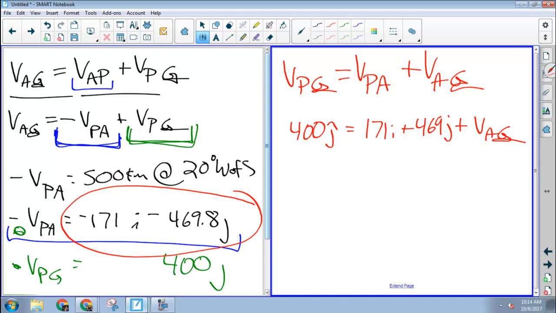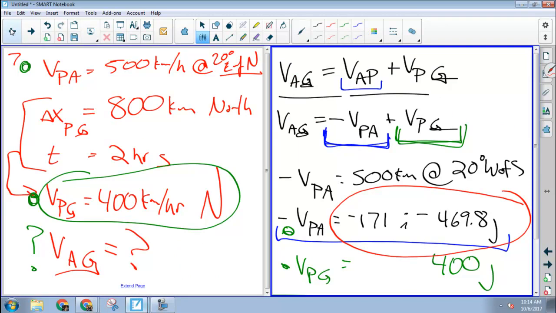Questions? All right. So this technique of writing out an expression like this is colossal. You can't do these problems if it's about a boat crossing a river or a plane in wind or a ladybug crawling across a conveyor belt, anything where you've got one thing moving this way and another thing moving that way, without it. Follow?